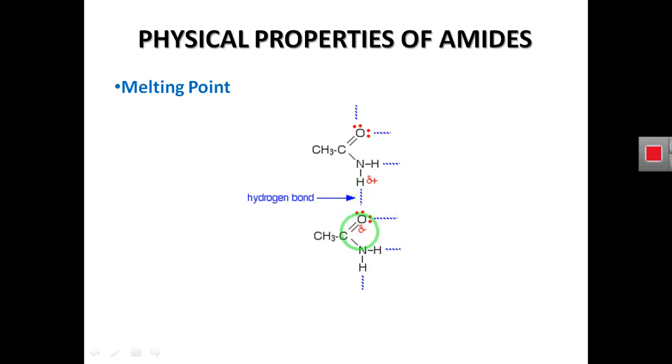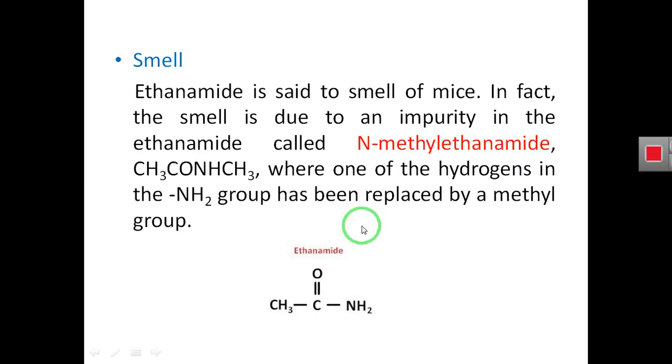Due to this hydrogen bonding, amide compounds have a higher melting point, meaning they will need energy for melting, to break this hydrogen bond.